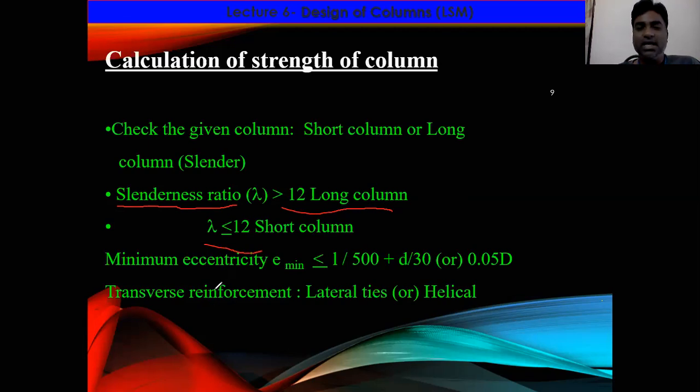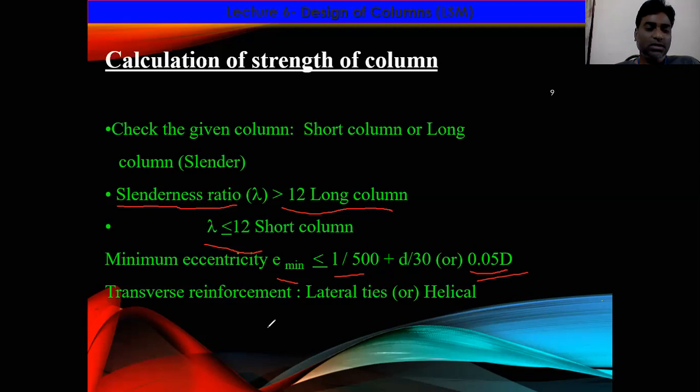That means there is no eccentricity, but you can allow up to the minimum eccentricity as per IS 456. The minimum eccentricity is l by 500 plus d by 30, or 0.05 d. You have to check whether it is exceeding the minimum or not. So e minimum should be less than or equal to 0.05 d. If it is greater, then that column should be designed as an eccentrically loaded column.